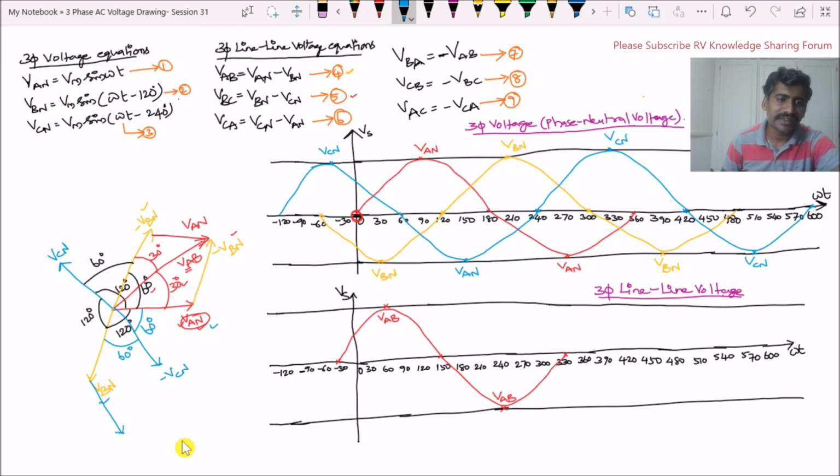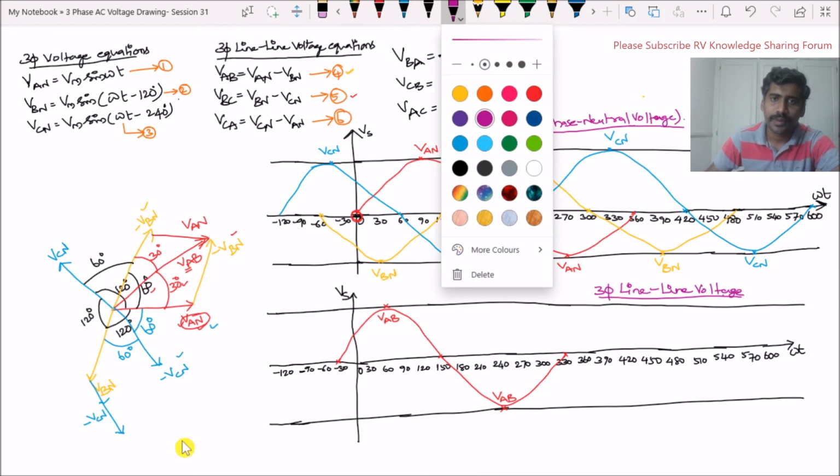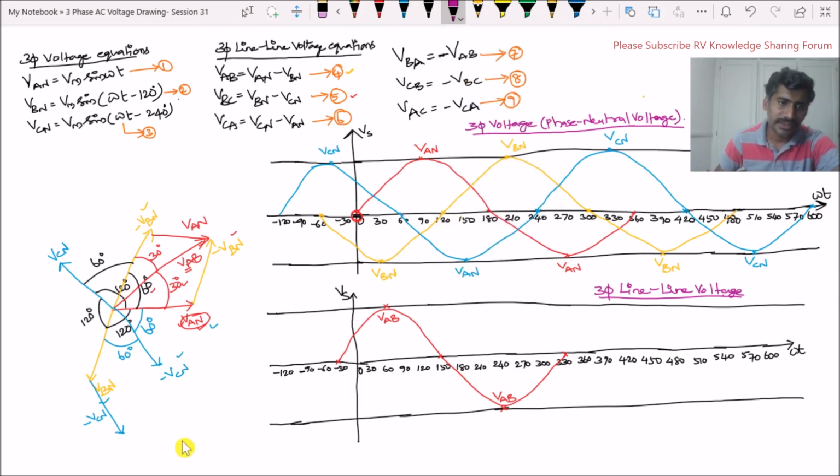So this is our minus VCN, which is drawn in parallel to this minus VCN phasor. Now let us draw our VBN phasor in yellow color.